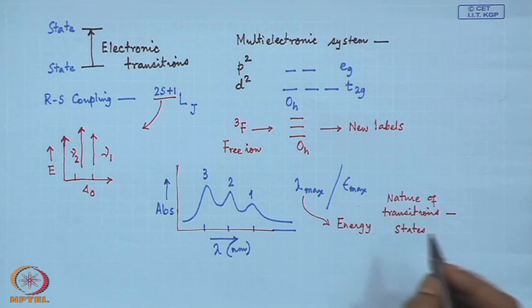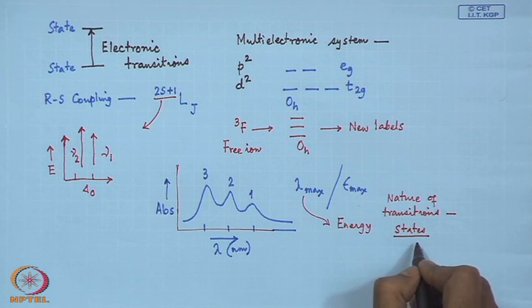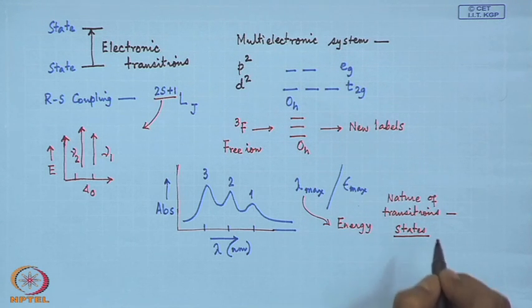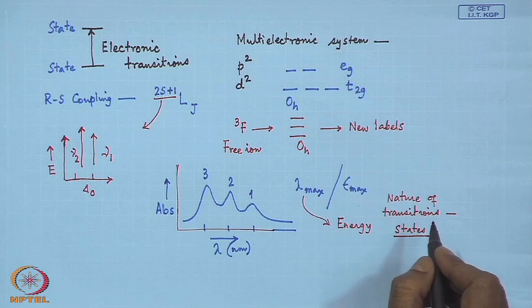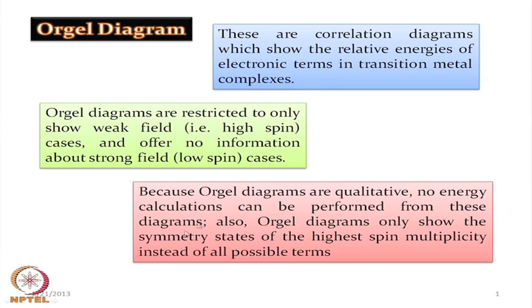We will have the corresponding level for these states for the free ion or in the complex form, and then those states will be responsible for the corresponding transitions. So, we cannot have precise calculations of the energies corresponding to these transitions, but they can show only the symmetry states of the highest spin multiplicity instead of all possible terms.